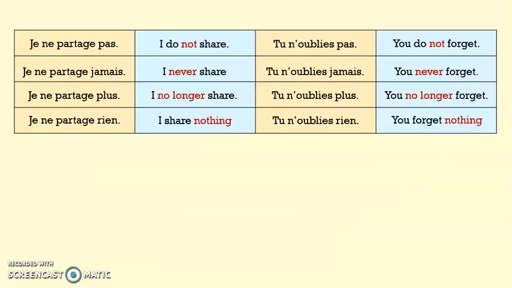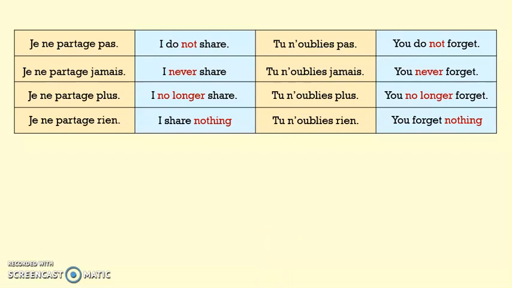Let's find out. A very handy summary table here. As you can see, I've got all of my negative expressions with their English translations, and I've got one set where there is a verb that starts with a consonant, and then another set where the verb starts with a vowel. All right, and so you can see je ne partage pas, I do not share.